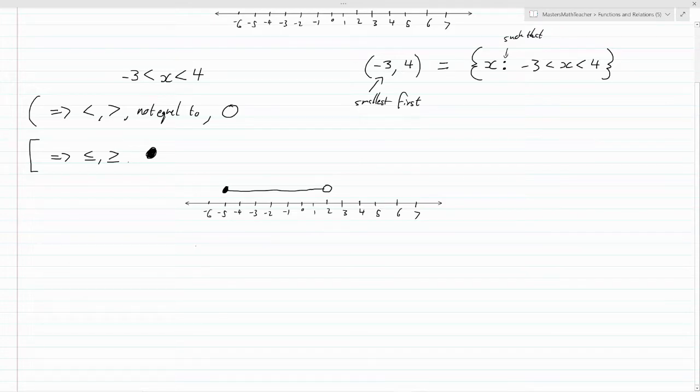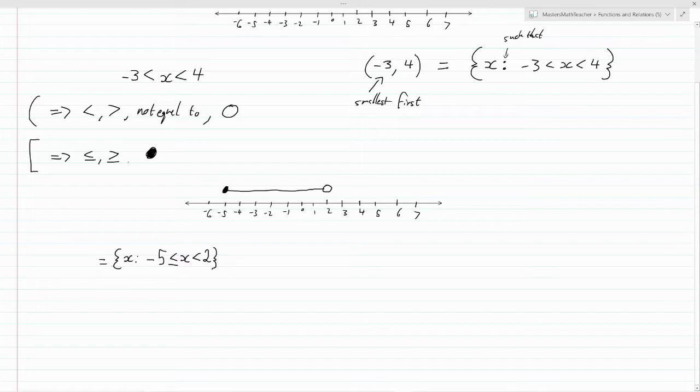We'd have, for set notation, squiggly bracket, x such that, we've got -5 as the lowest. We know that x is greater than that, but it's also greater than or equal to that. But we know it's only less than, not less than or equal to, 2. Okay, that's our set notation.